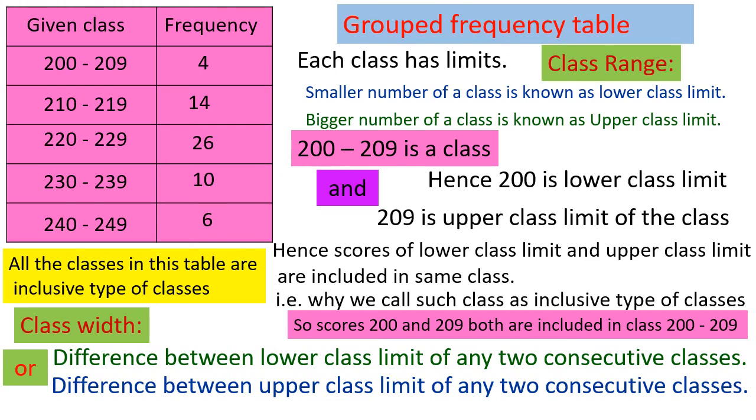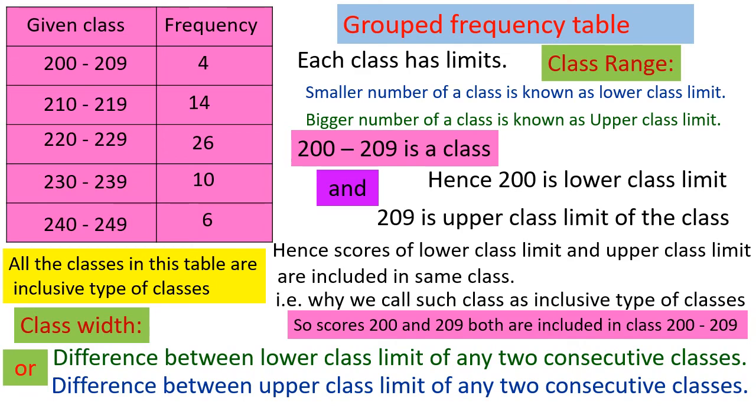Or you can say it is the difference between the upper class limits of any two consecutive classes. Either you subtract the lower limits or you subtract the upper class limits of the two consecutive classes. When you subtract 209 from 219, you will get 10.